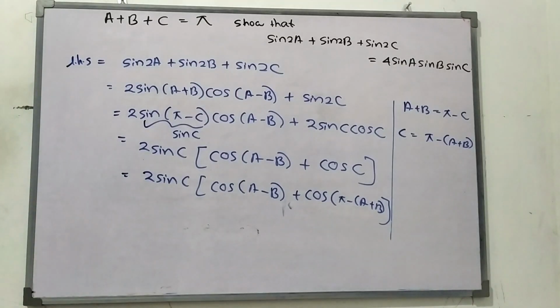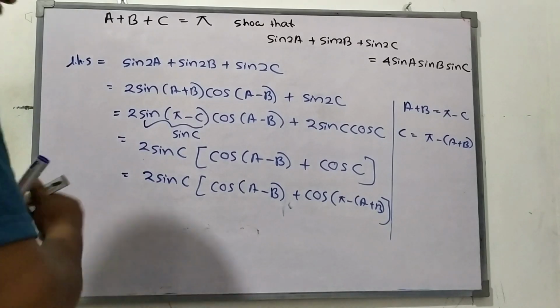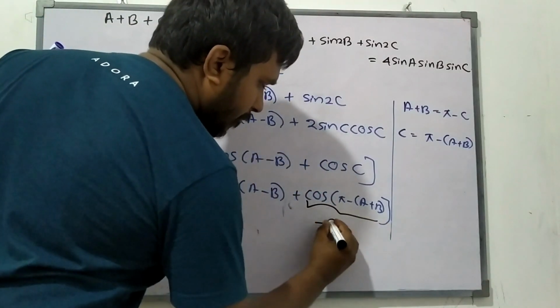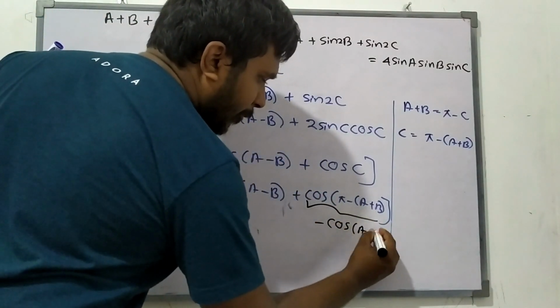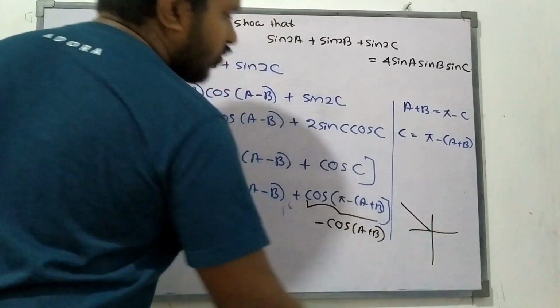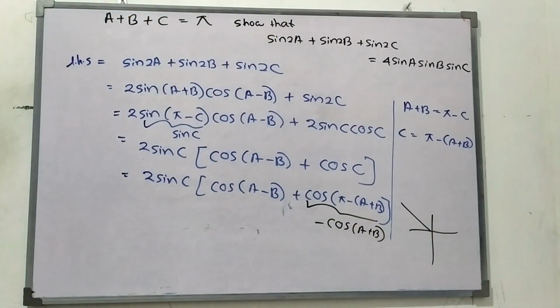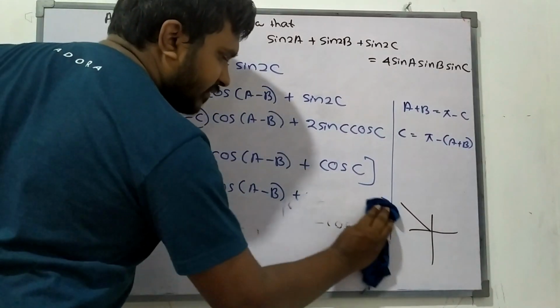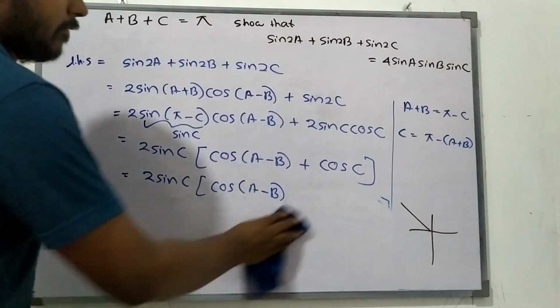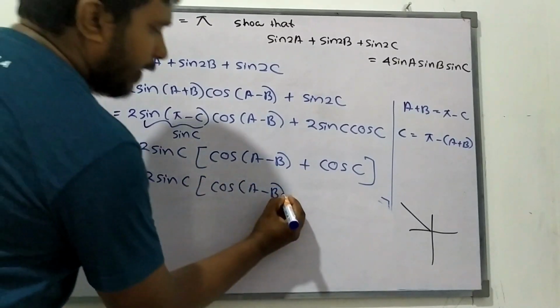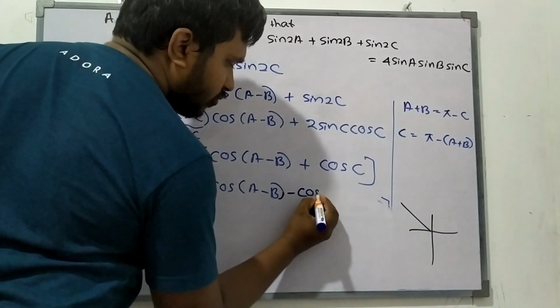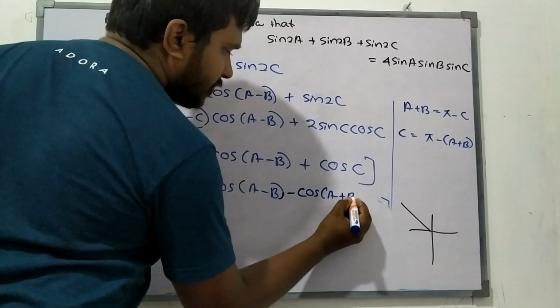It means minus cos (a plus b), right? Because it's in the second quadrant. So I'm going to erase this one and I'm just putting minus cos (a plus b).